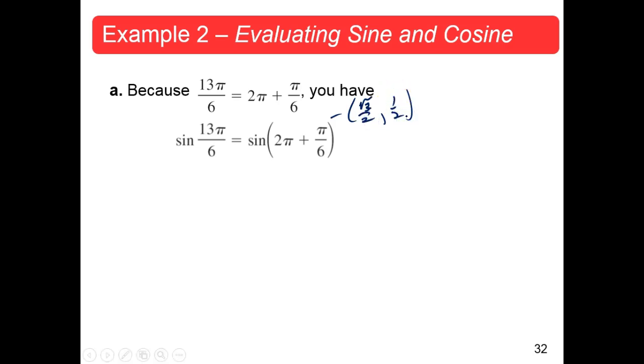Okay? And the sine of that is 1/2. So this would be 1/2. Now they're going to take a few more steps to get there, but you know the answer already because sine is periodic with 2 pi. So that's the same as sine of pi over 6, and sine of pi over 6 is 1/2. Perfect.